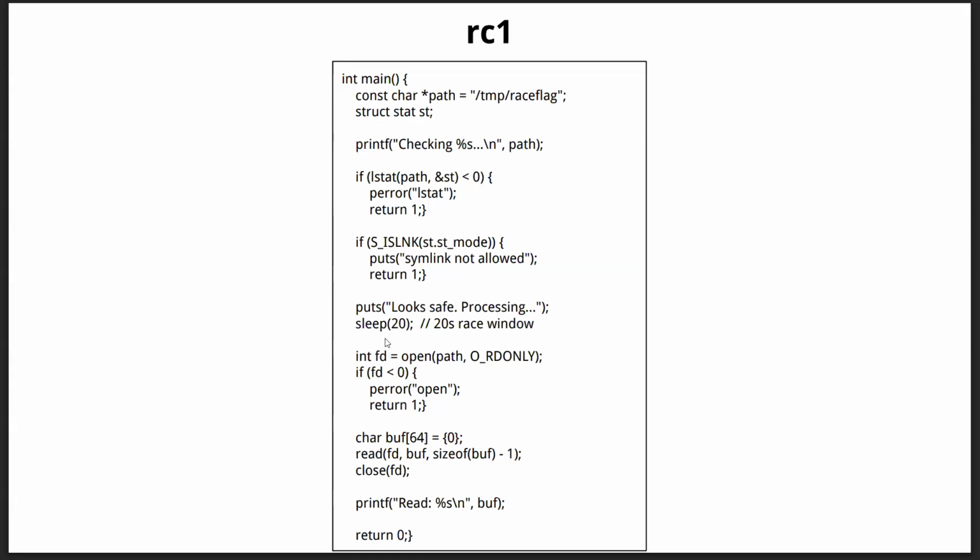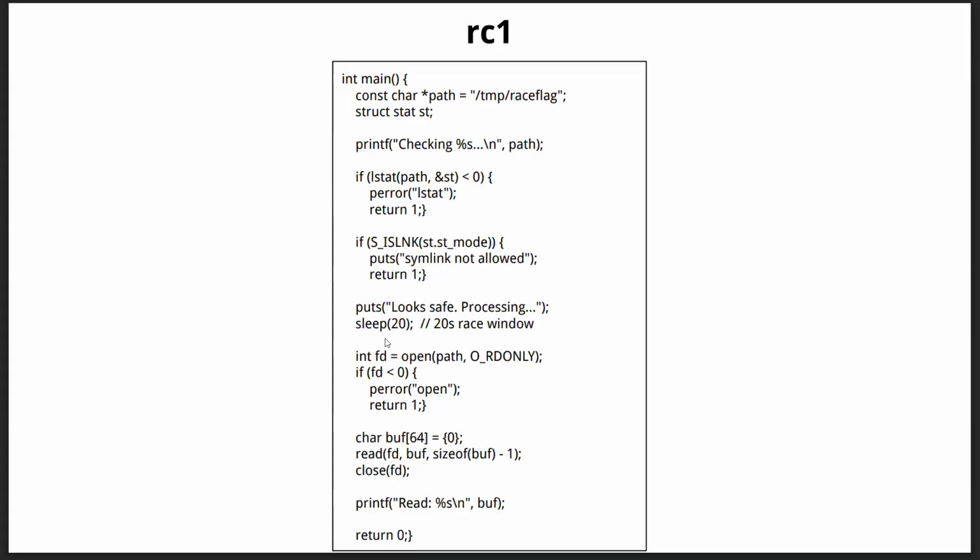So as an attacker, you first create that race flag file and put some garbage there. Then it checks if it's a symbolic link. It's not, so it prints out that it looks safe. Then in the terminal, another place, or you write a program, you quickly change that file into a symbolic link and link it back to the flag file.